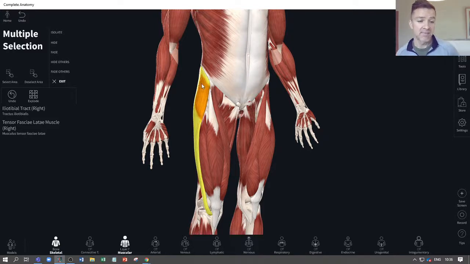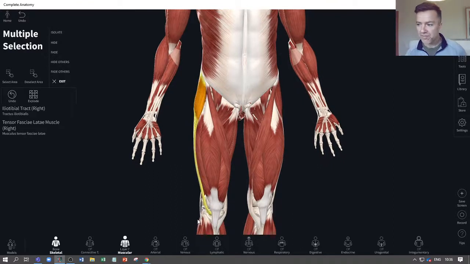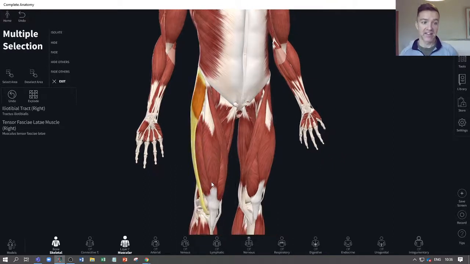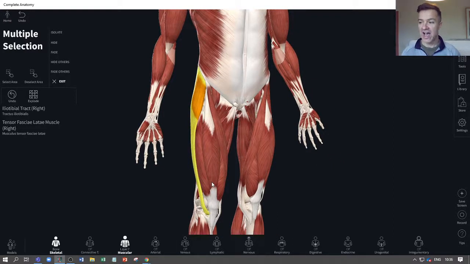And then this band of connective tissue actually inserts that muscle onto the tibia at the knee joint. So this muscle again is involved in flexion of the hip at the thigh. And it's also involved in medial rotation and abduction of the thigh at the hip joint. Okay, so it generates movement at the hip.